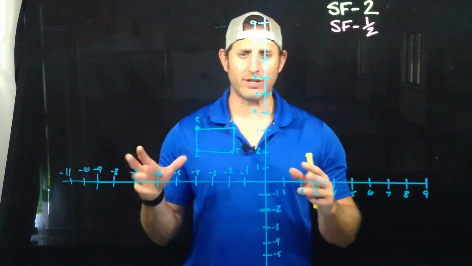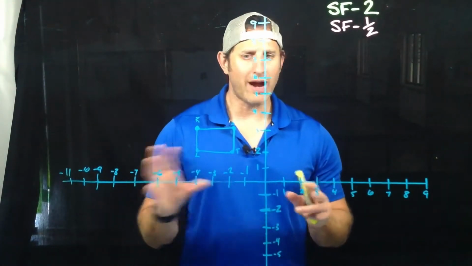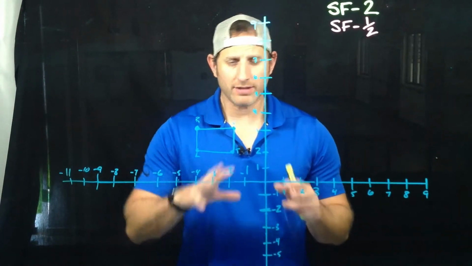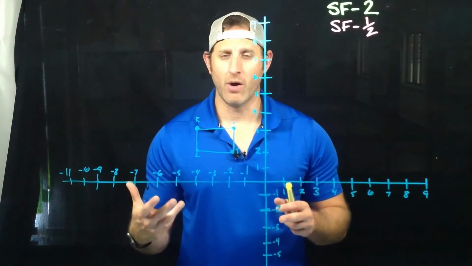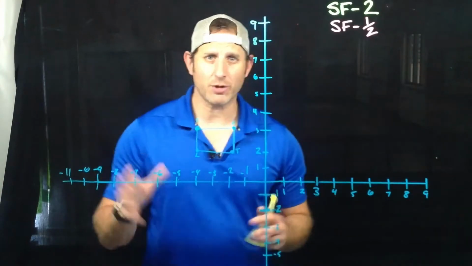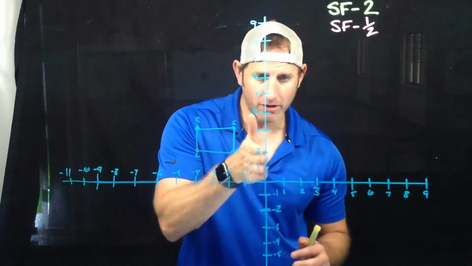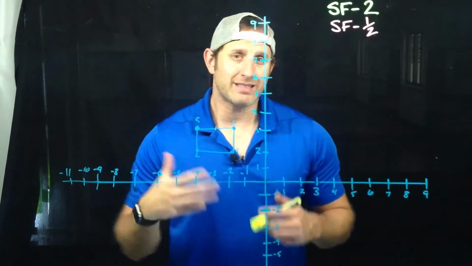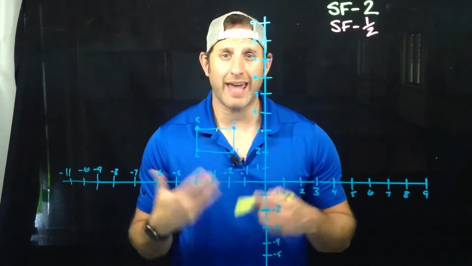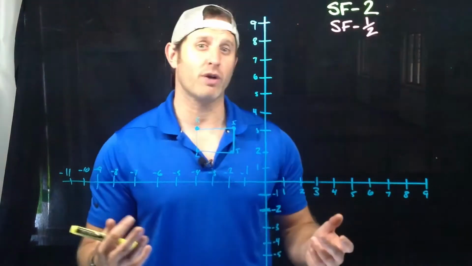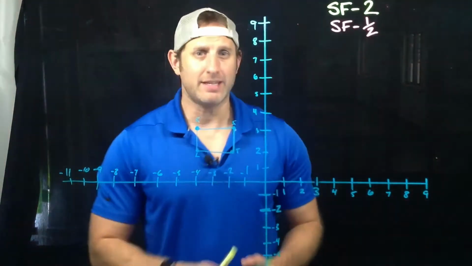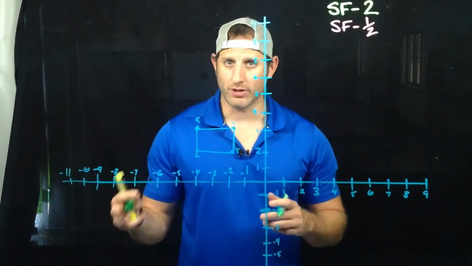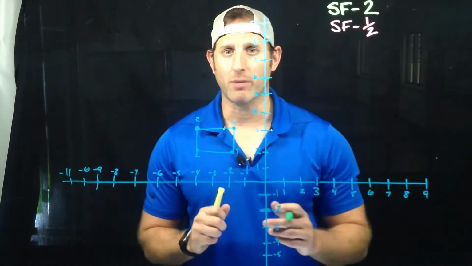The first thing I need to notice is, where is my center point? Now, this is kind of confusing for a lot of kids. They often think that the center point is right here in the middle of the Cartesian plane, which is always 0, 0. But sometimes that center point can move, and it will move from time to time. So today we are not going to use 0, 0 as our point of origin.